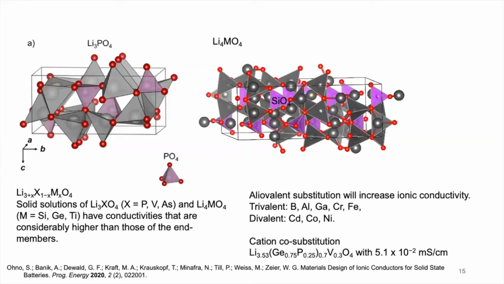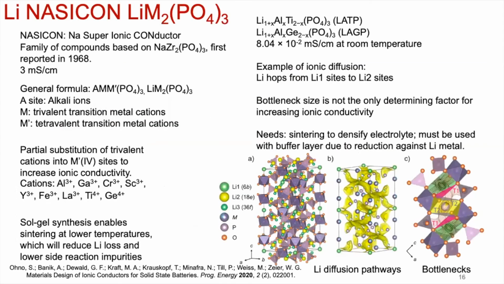Then you need some vacancy to compensate for that, or another 1+. So just by the sheer substitution, playing around and making solid solutions, you create atomic disorder, which is the name of the game. You increase ion conductivity. So that's a general good first guiding principle on how to increase ion conductivity from the crystallographic point of view, atomic point of view.